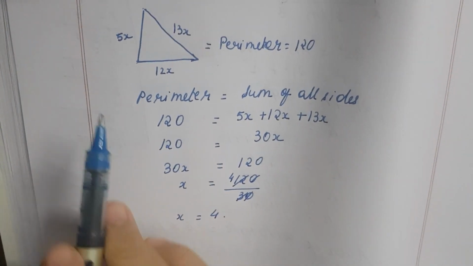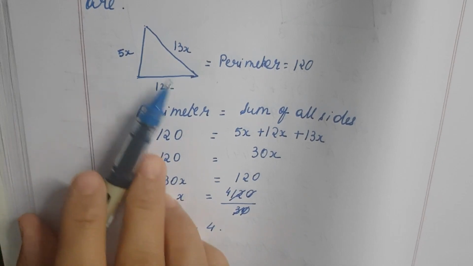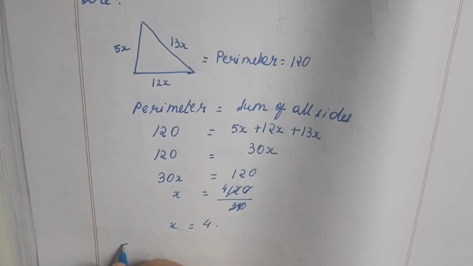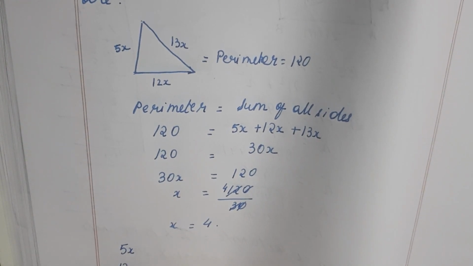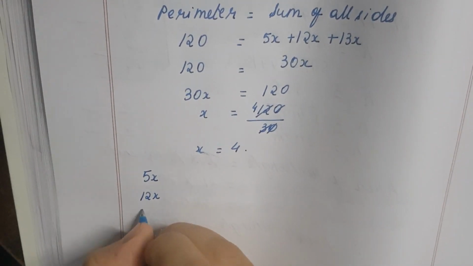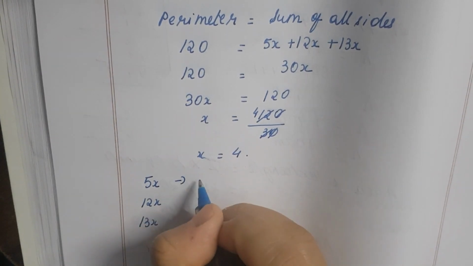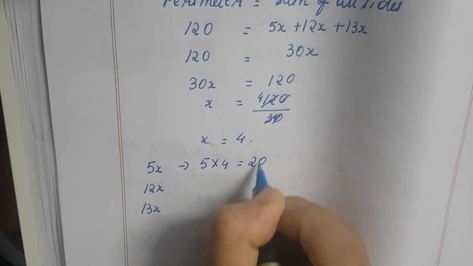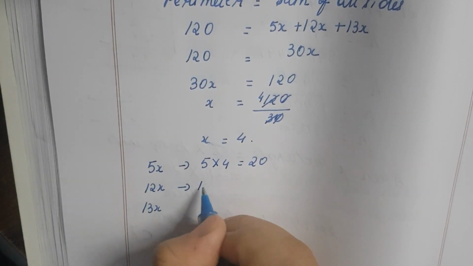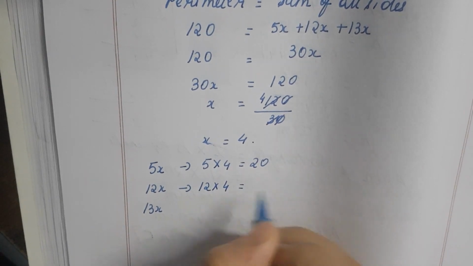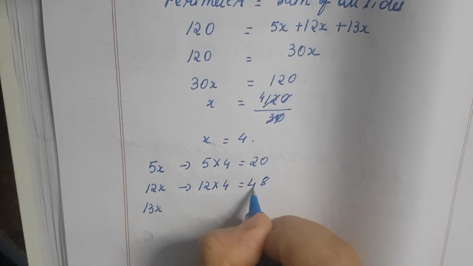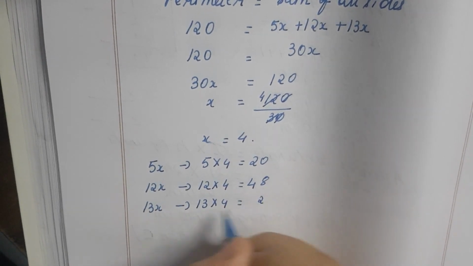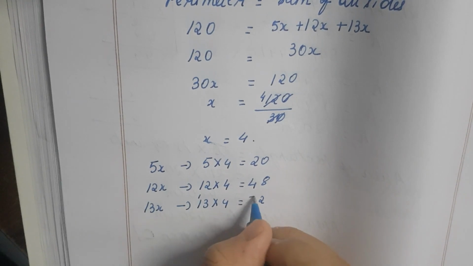Now we have found x. Now let's substitute in 5x, 12x, 13x, where x is equal to 4. So 5 into 4 is equal to 20. 12 into 4: 4 2s are 8, 4 1s are 4, so 48. 13 into 4: 4 3s are 12, 4 1s are 4 plus 1 is 5, so it is 52.